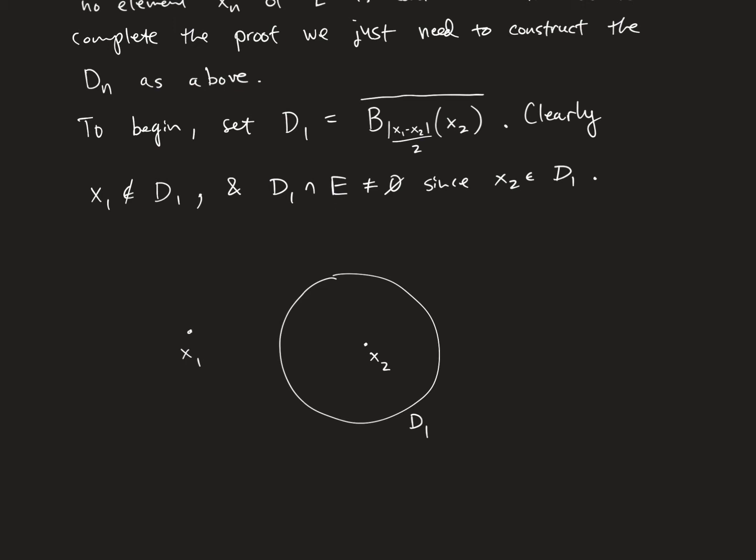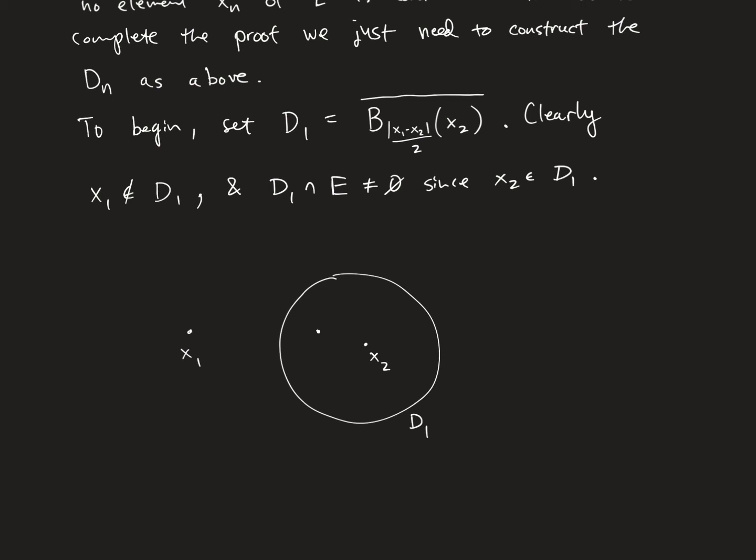So this is where we use the perfectness of x2. So if we look at the open ball of this radius here, the interior of D1, we know that there have to be points of E inside of here that aren't x2, because x2 is not an isolated point. There has to be some point that's not x2 within E inside the interior of the ball.